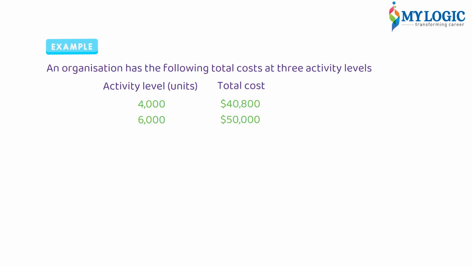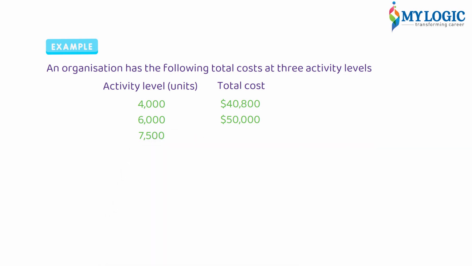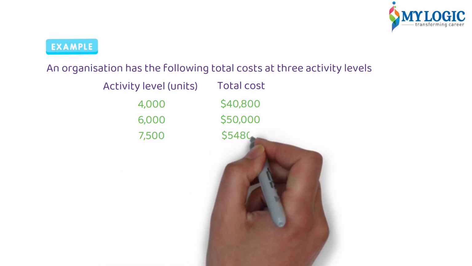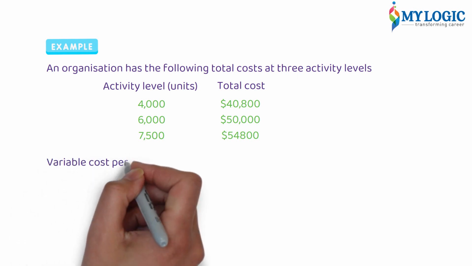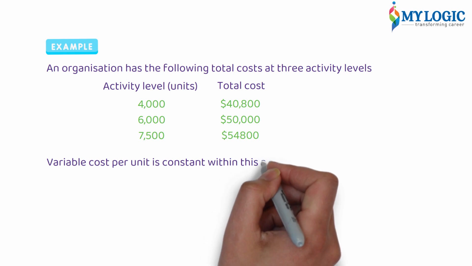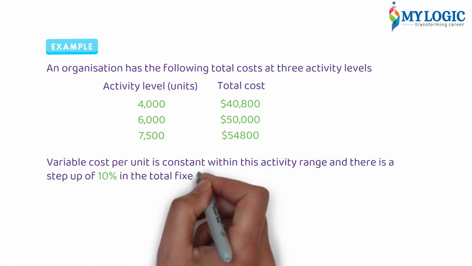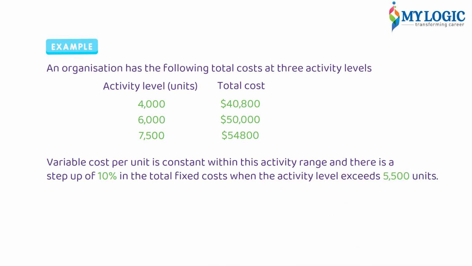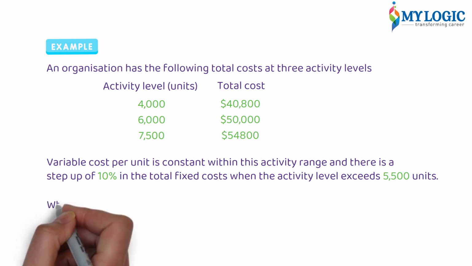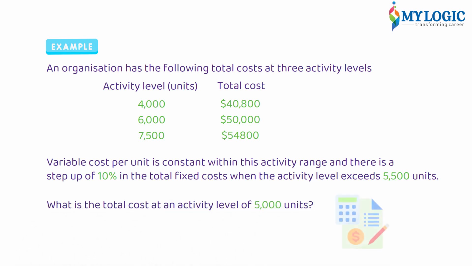For activity level in units 7,500, total cost $54,800. Variable cost per unit is constant within this activity range, and there is a step up of 10% in the total fixed costs when the activity level exceeds 5,500 units. What is the total cost at an activity level of 5,000 units?